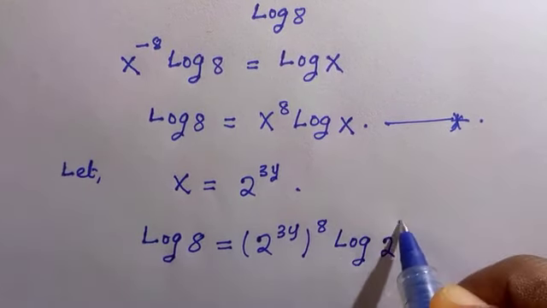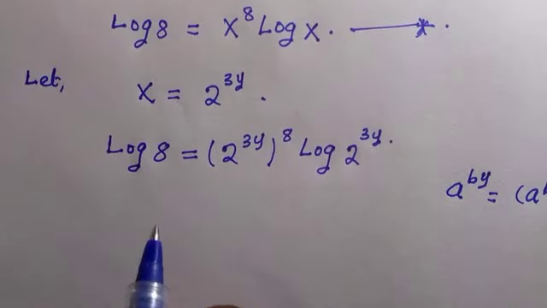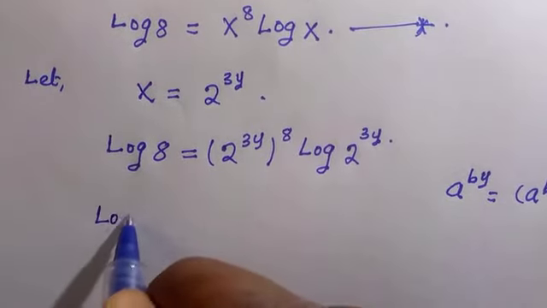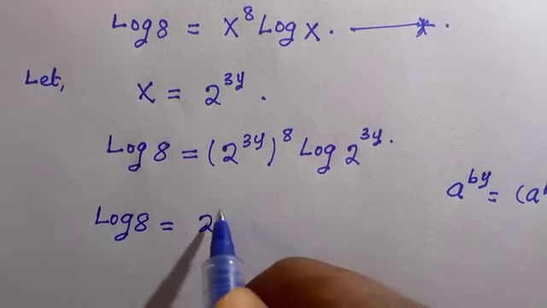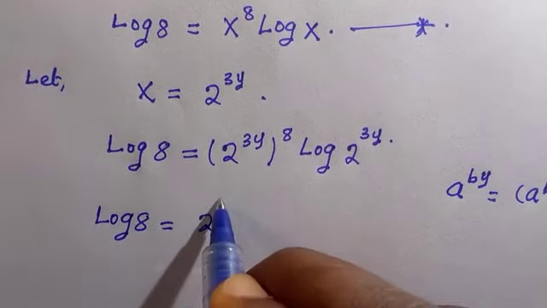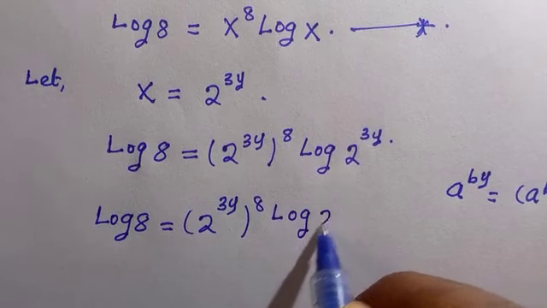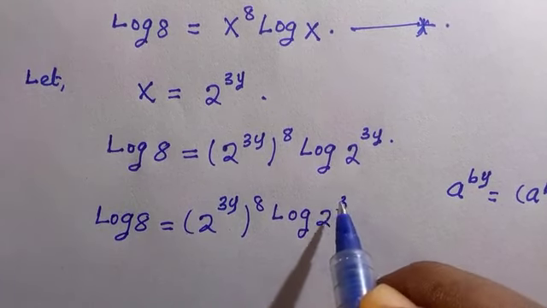If I apply the rule a raised to power b, all raised to power of y, equals a raised to power of b y, then we have log of 8 equals 2 raised to power of 3y all raised to power 8, times log of 2 raised to power 3, then raised to the power of y.